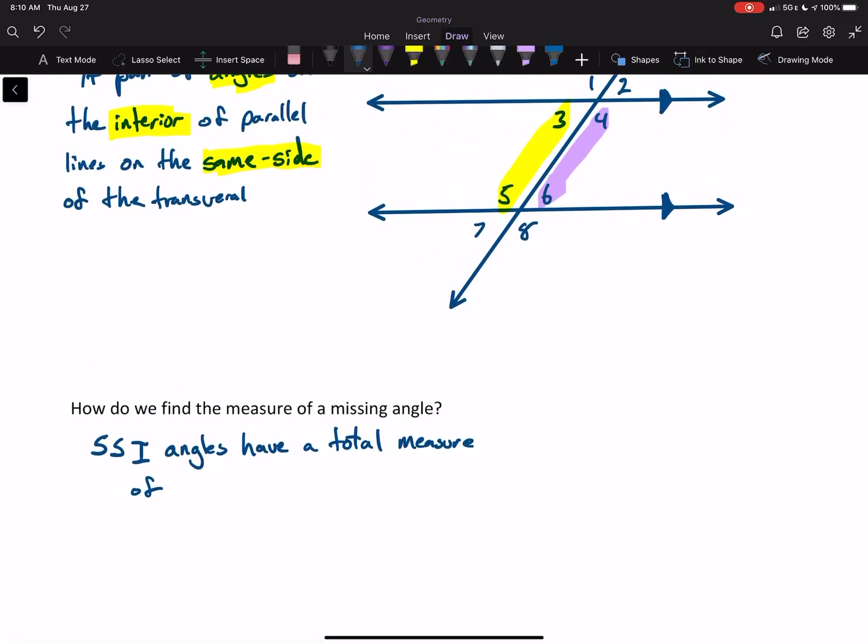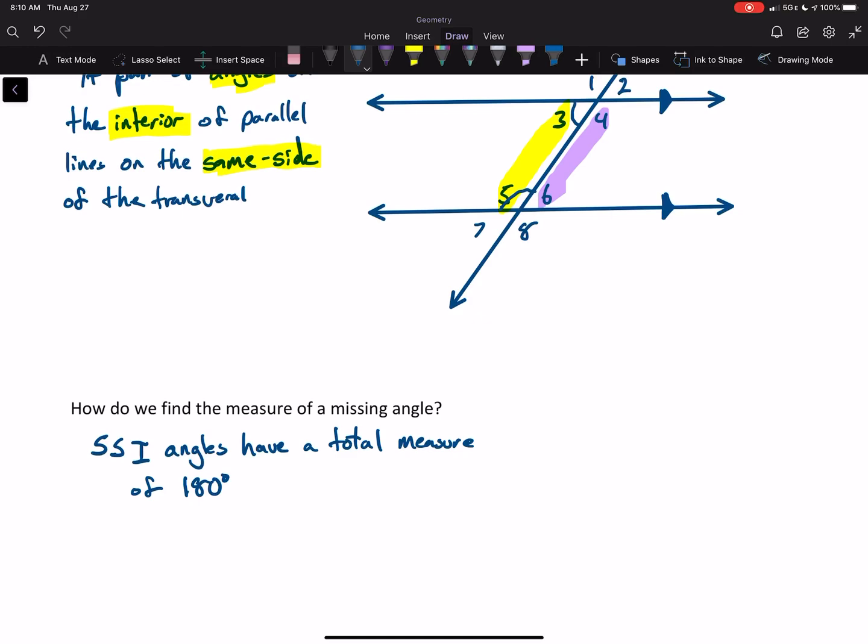Well, take a look back up here. If we look at 3 and 5, 3 is an acute angle and 5 is an obtuse angle. They also are on a straight line there. The transversal is a line. So they form basically a linear pair, right? An obtuse and an acute angle that are on the same line, most likely a linear pair, right? So linear pairs are supplementary or 180 degrees.